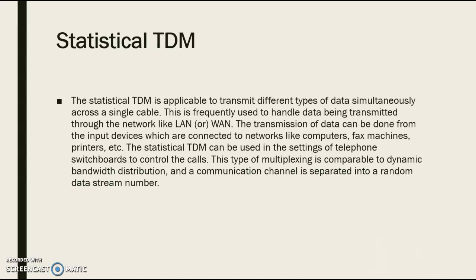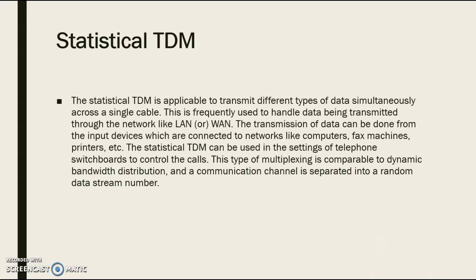Statistical TDM is applicable to transmit different types of data simultaneously across a single cable. This is frequently used to handle data being transmitted through the network line, LAN, or WAN. The transmission of data can be done from the input devices which are connected to networks, like computers, fax machines, printers, etc. Statistical TDM can be used in the setting of telephone switchboards to control the calls.